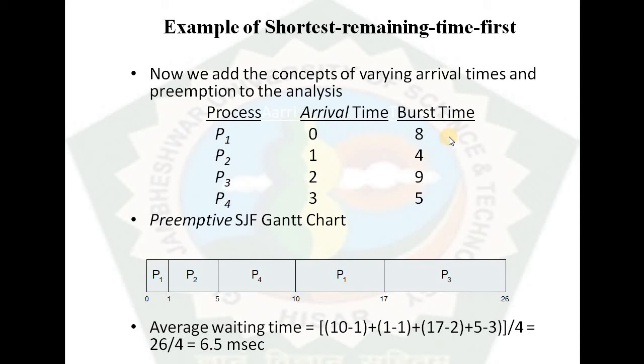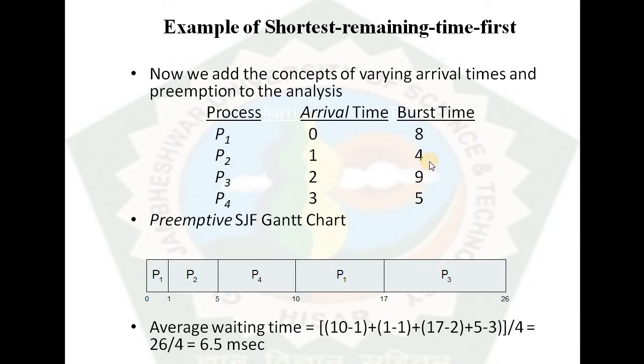So we have to compare the CPU burst times 7, 9 and 5. Between these, the shortest is P4, so P4 will be allocated the CPU. No further processes are coming, so P4 will complete its execution till its total requirement, that is 5 milliseconds.